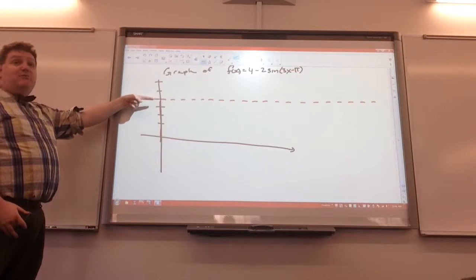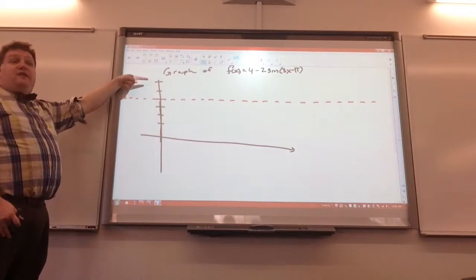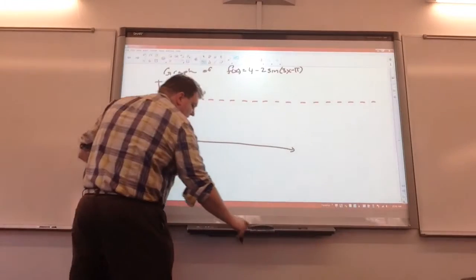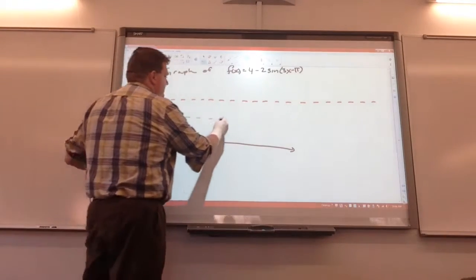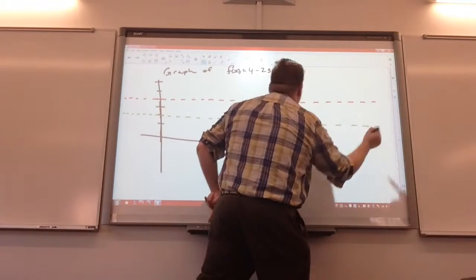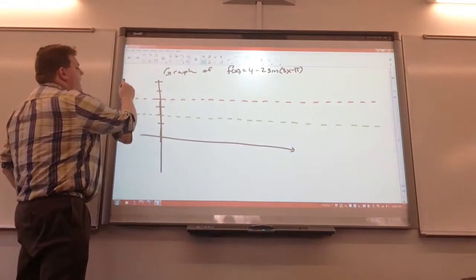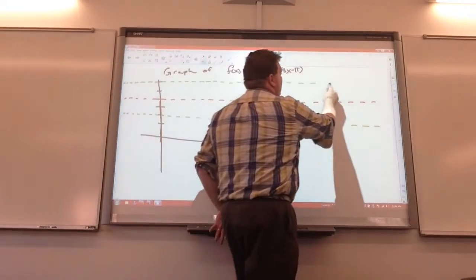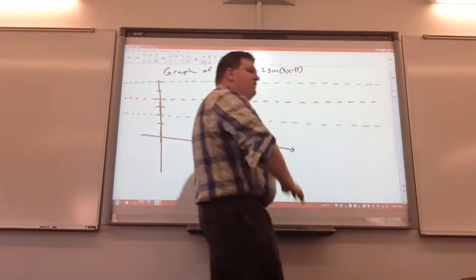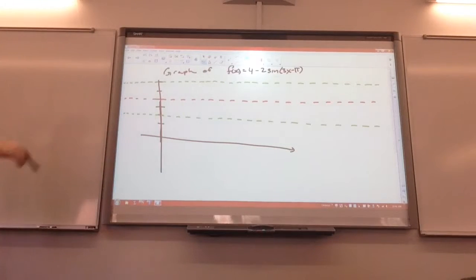The highest it could be would be 2 up, so y equals 6. I'll add dashed lines along there. These lines are just to help me when I'm graphing, because my graph is going to stay inside that zone.